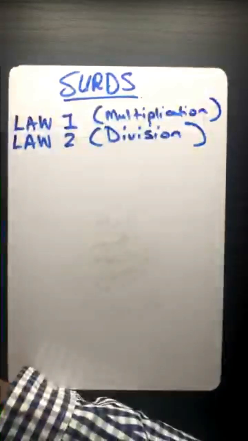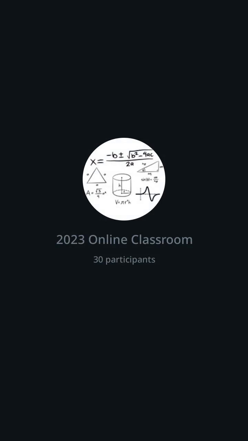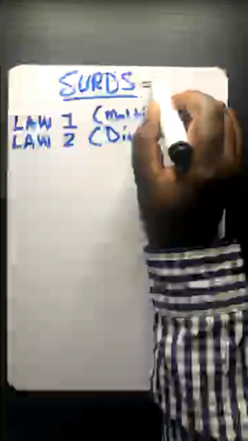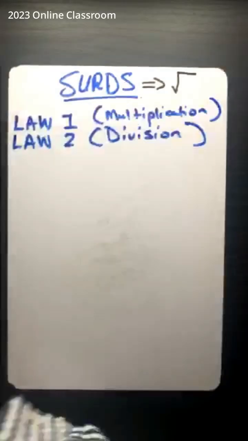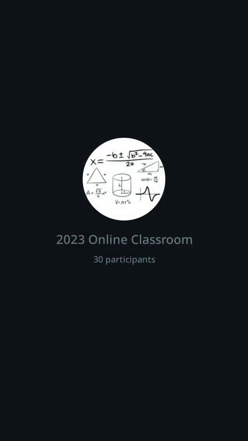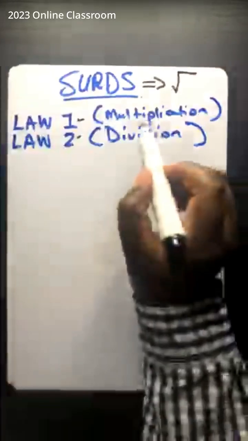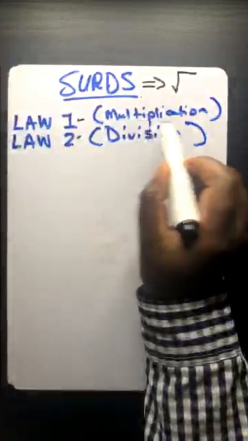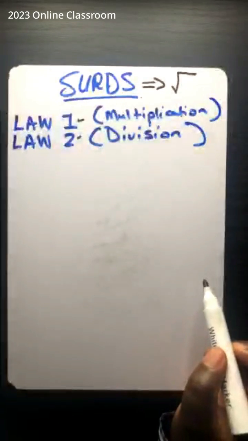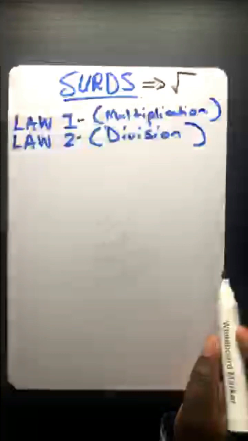Under Surds, the moment you hear the word Surds, always think of square root. We've got only two laws for now: the multiplication law, being law number 1, and the division law, being law number 2, just like I did with the laws of exponents.